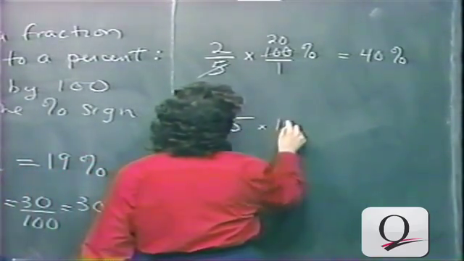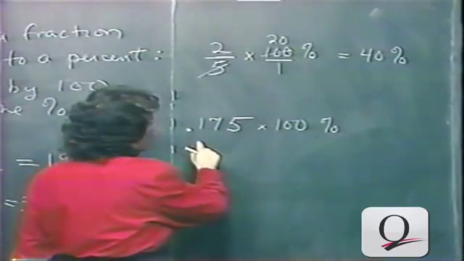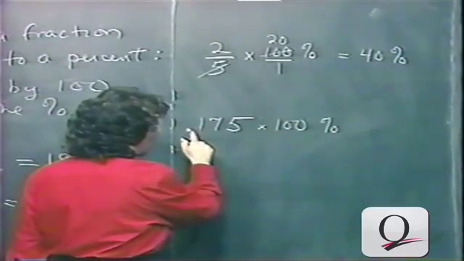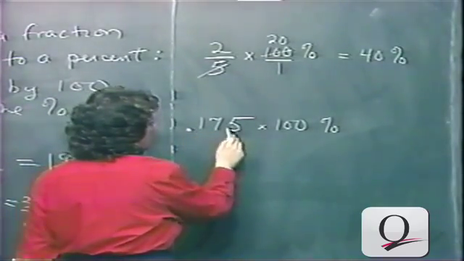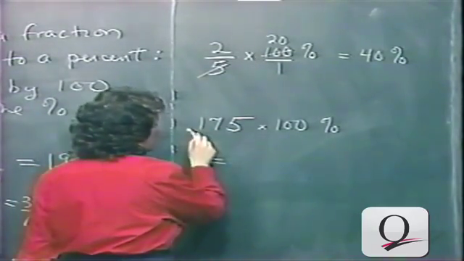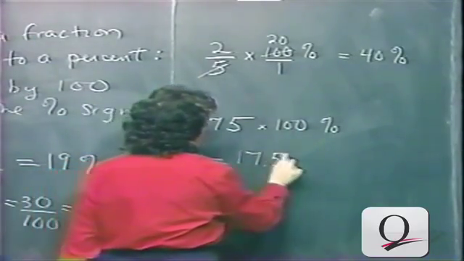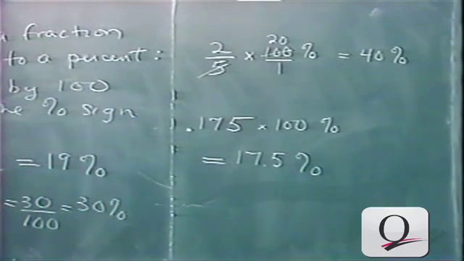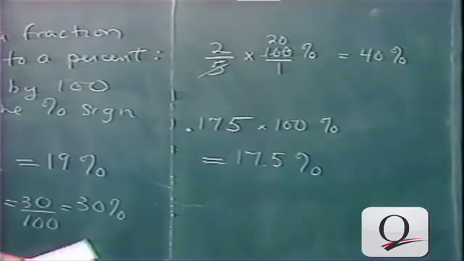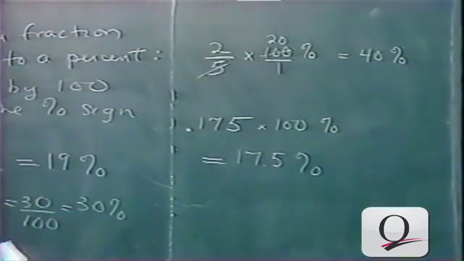Multiplying a decimal by 100 means moving the decimal point 2 places to the right, giving 17.5%. So 0.175 is equivalent to 17.5%, and 2/5 is equivalent to 40%.